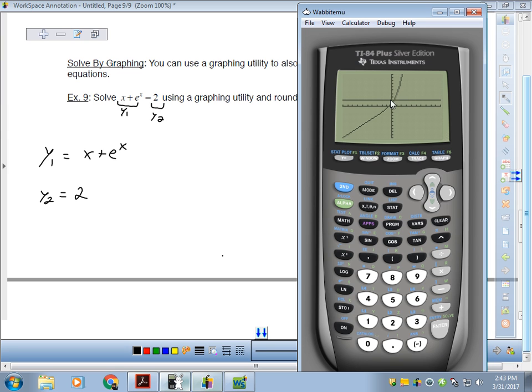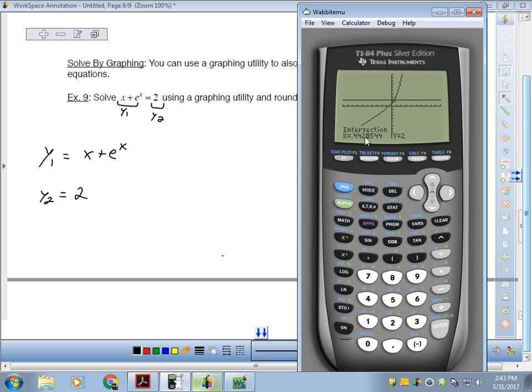And with our calculator, we can actually do that. This one calls it the intersect function. You hit second trace, and then on this list, number 5 is intersect. It'll ask you for first curve. You hit enter. It'll ask you for second curve. Hit enter. And it'll ask for guess, and you can use your arrows to move it to where you think they cross, and then hit enter a third time, and that'll tell you.